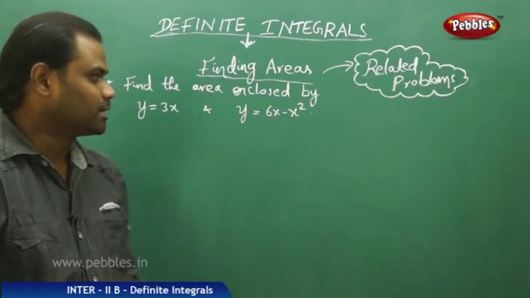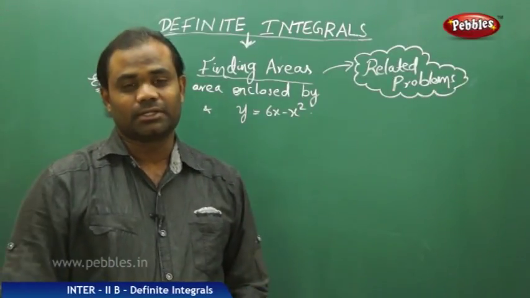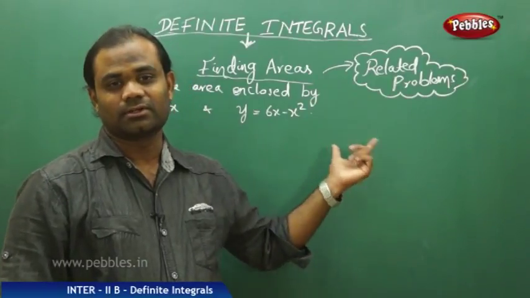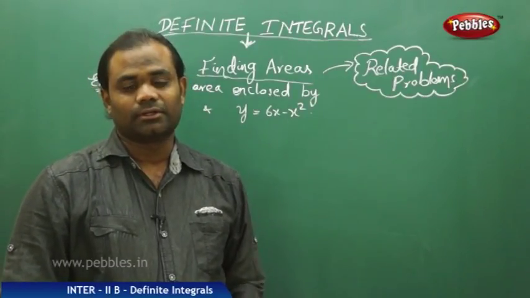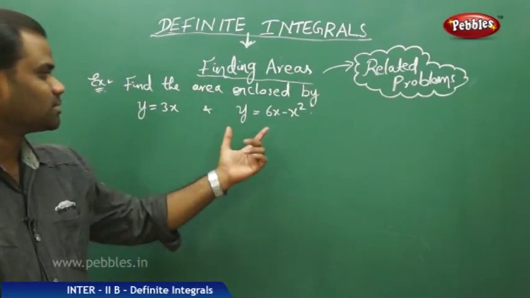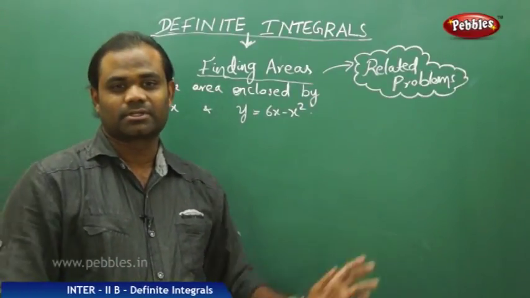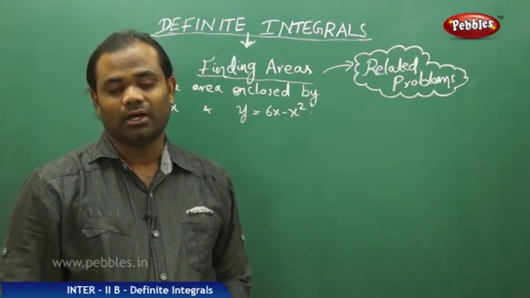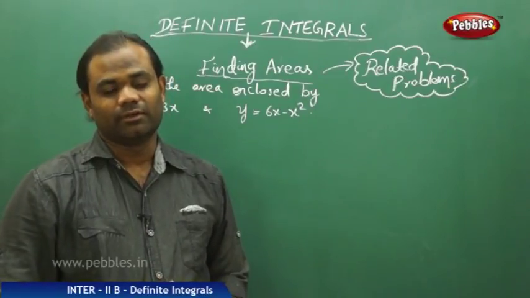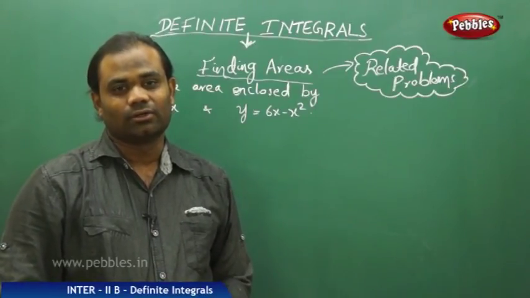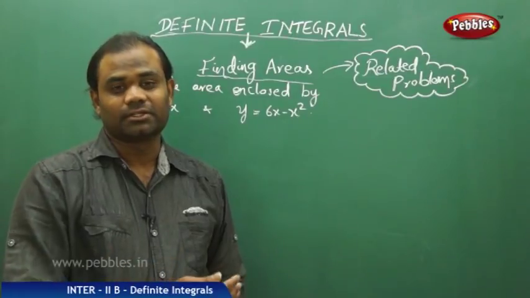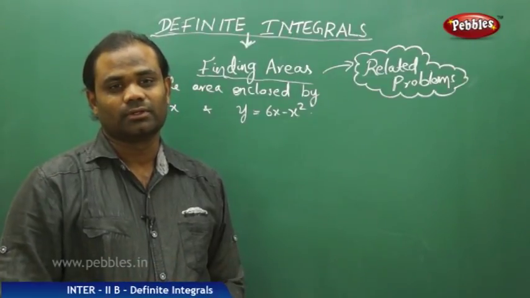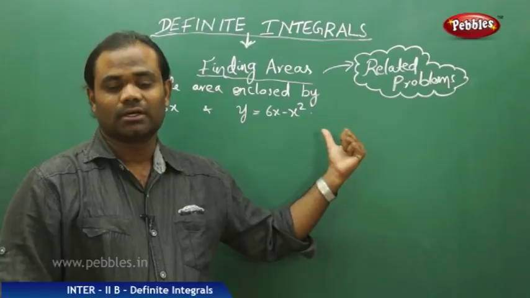If we want to understand these problems better, we should understand the sketching of curves better. Continuous practice on sketching the curves exactly, through x and y intercepts and exact shape, is how we need to practice. Therefore, knowing how to sketch curves is important in finding the areas under the curves.